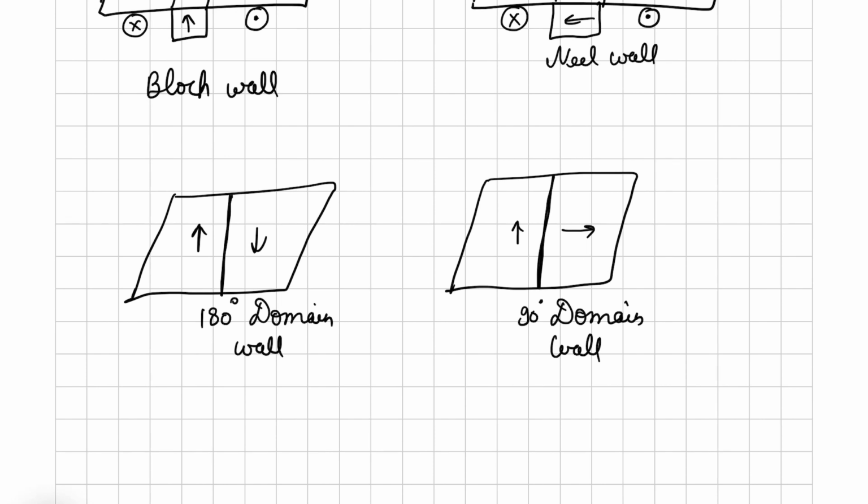And based on the application, we can have soft magnetic material, hard magnetic material, easy axis, hard axis, and the anisotropy energy and exchange energy. These are the two which decide whether we are going to have thin domain walls or thick domain walls. All right, so this is it from me, and we are done with the magnetic materials, as well as with this I finish all my lectures.